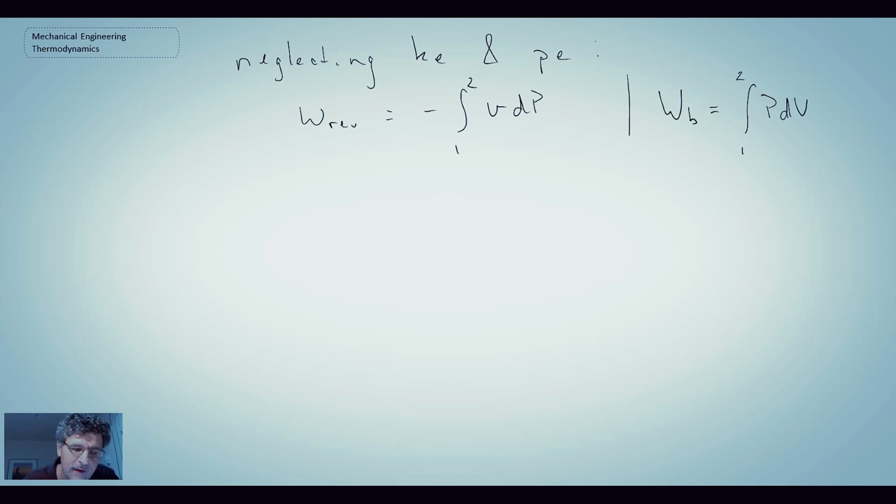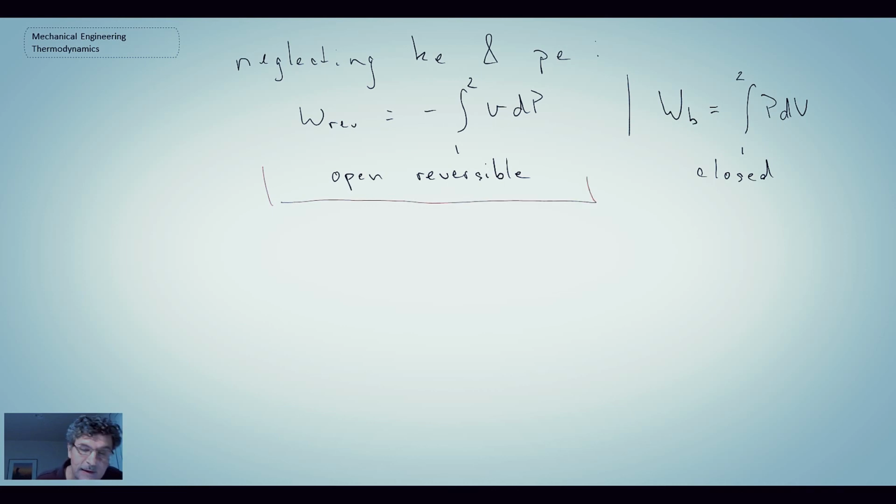On the left, this is for an open system, reversible, and on the right this is for a closed system. Let's take a closer look at this.